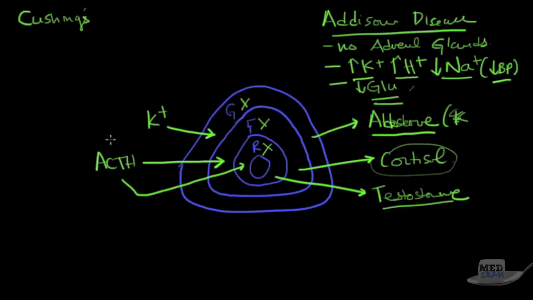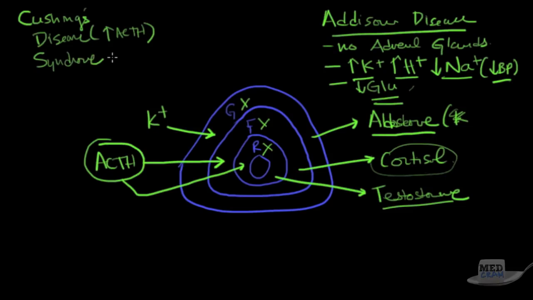Cushing's disease would be if there's too much ACTH from the pituitary. Syndrome would be just too many steroids. Maybe you're getting it exogenously, like someone's giving you cortisol or prednisone.